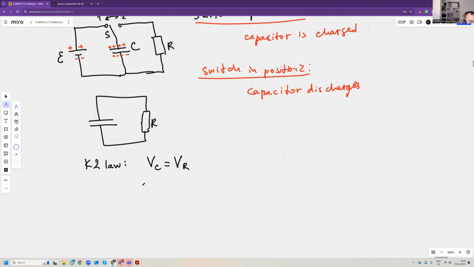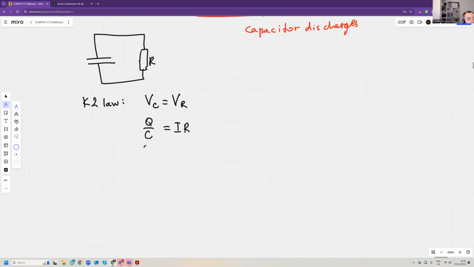Voltage on the capacitor is Q over C, charge over capacitance, and the voltage on the resistor is current times R. Current through the resistor is the rate of change of charge, dq/dt.